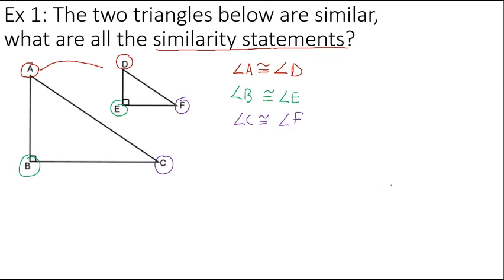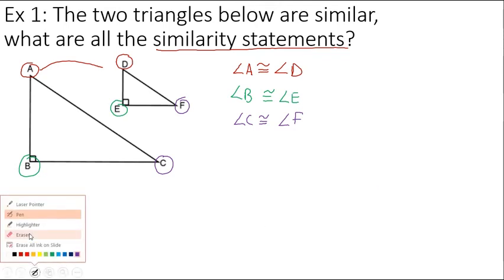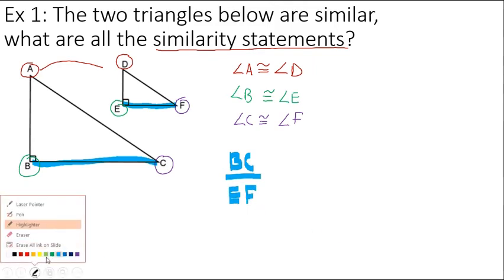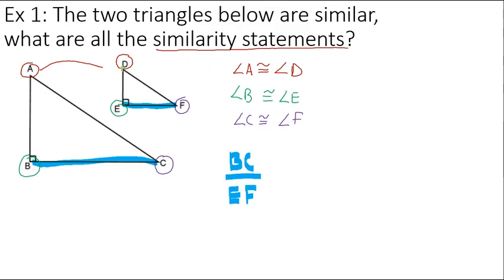Now look at the sides. So let's say first BC corresponds to EF. So I'm going to say here BC over EF. Okay, which means the next one would be these two sides right here. So I'm going to put CA equals, corresponds to FD.